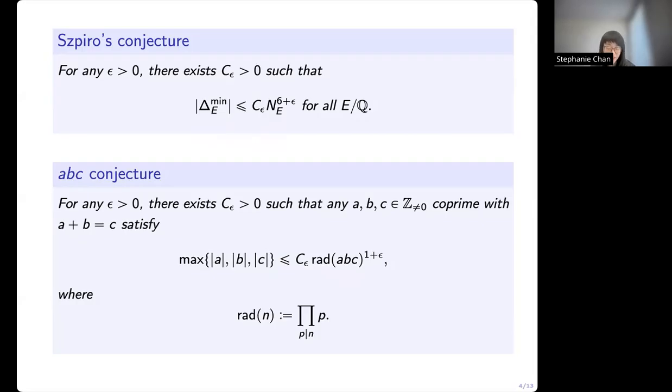It's saying that for most primes, appearing in the quantity on the left hand side, it shouldn't appear with a high multiplicity, because it's bounded by just a bit more than the product of the primes that divide it.